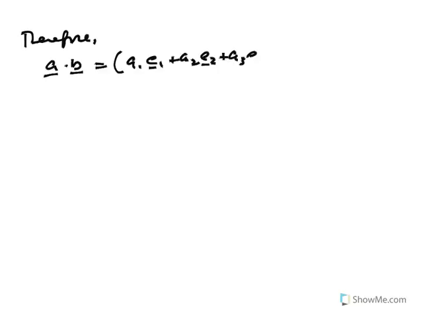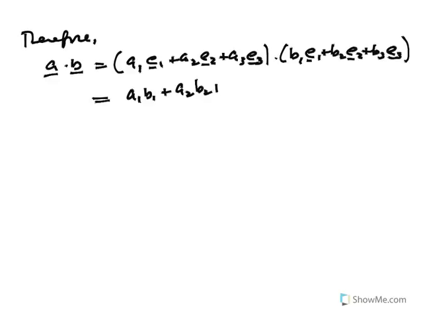So therefore, A dotted with B is equal to A1 E1 plus A2 E2 plus A3 E3 dotted with B1 E1 plus B2 E2 plus B3 E3. And because all the dot products that don't involve EI dotted with EI are all 0, because this is a right-handed orthonormal basis, we get A1 B1 plus A2 B2 plus A3 B3.